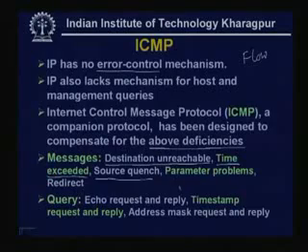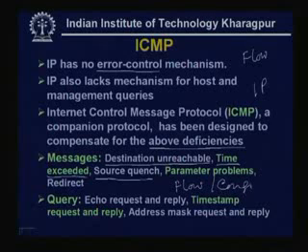Then source quench. As we know, the IP protocol does not provide flow control or congestion control; they are not supported by IP. So, in such a case, source quench provides the functionality of flow or congestion control.